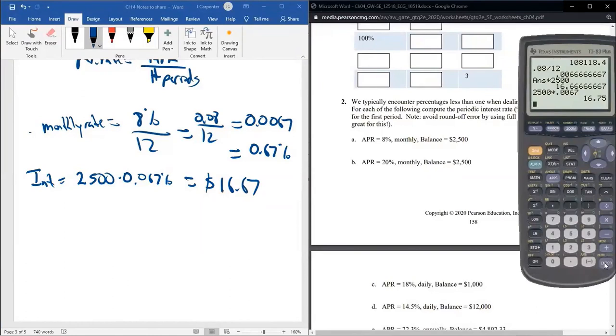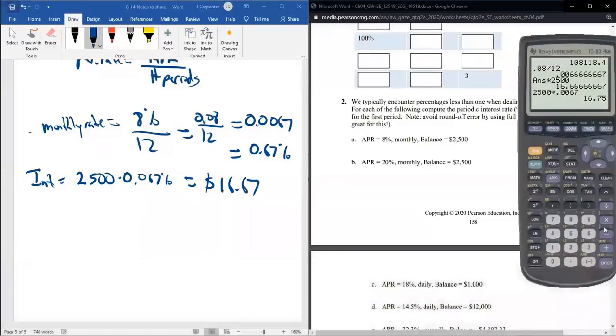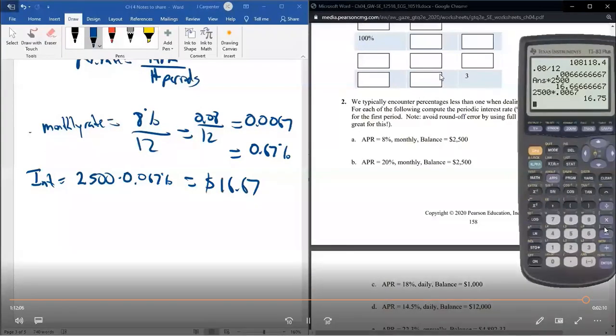No. But this is how, you know, maybe a bank steals money potentially. I don't know, or somebody, maybe not just a bank. Or maybe it's just you going, hey, I should have had to pay $16.75, but I only paid $16.67. Why didn't the bank charge me that extra 8 or 9 cents? Well, because you used a rounded number and the bank used the actual number.